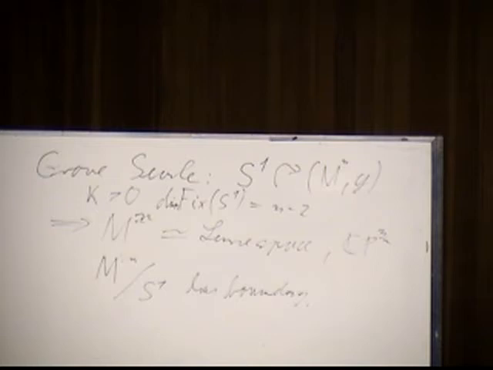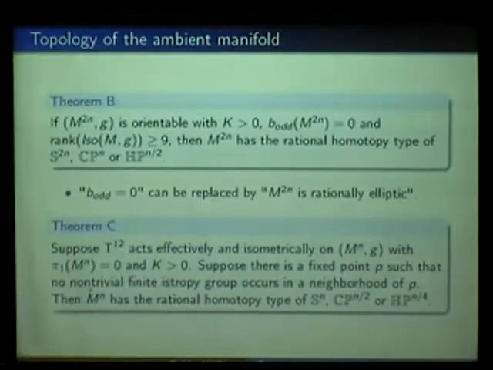But okay. So we assume it acts isometrically on a manifold. It's simply connected again. We have positive curvature and we have a fixed point. And now we make an assumption that in the neighborhood of this fixed point, we don't have any finite isotropy groups, right? So it's a way sort of you assume something on the isotropy representation at a fixed point, right?